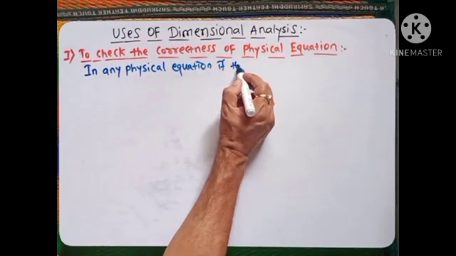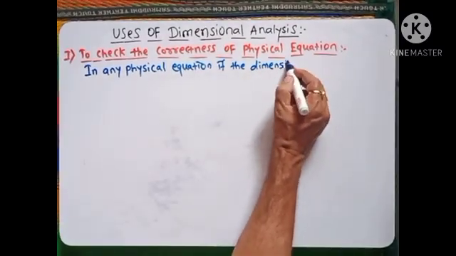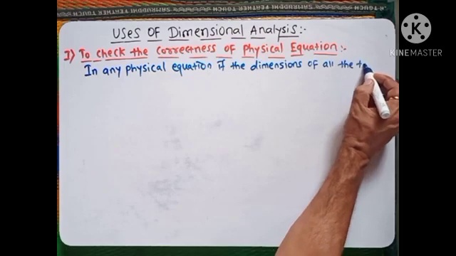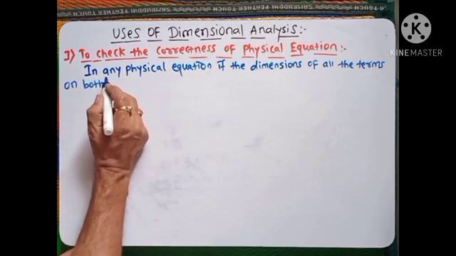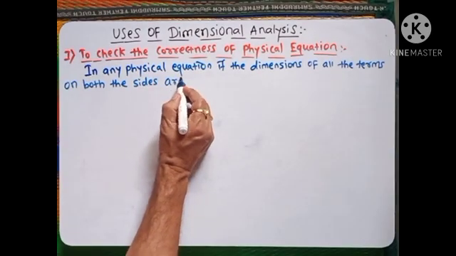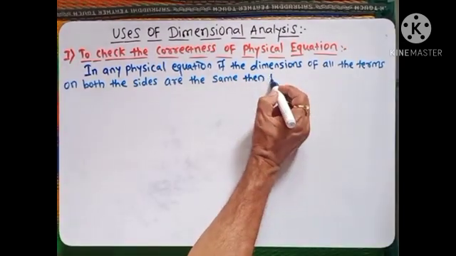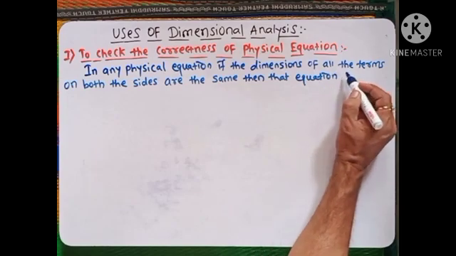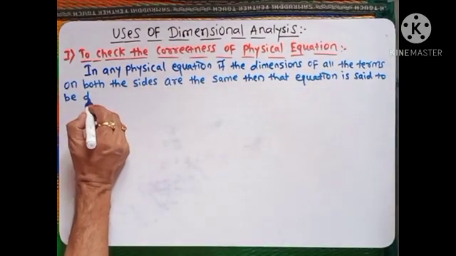If the dimensions of all the terms on both sides are the same, then that equation is said to be dimensionally correct.